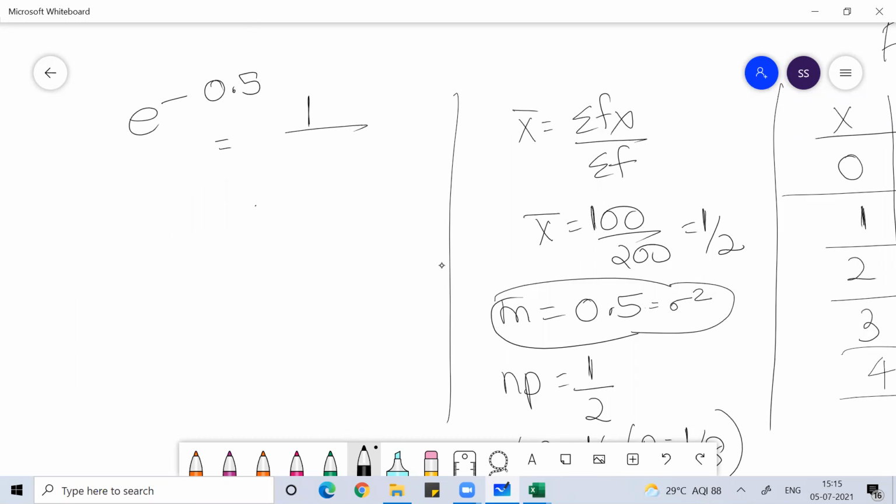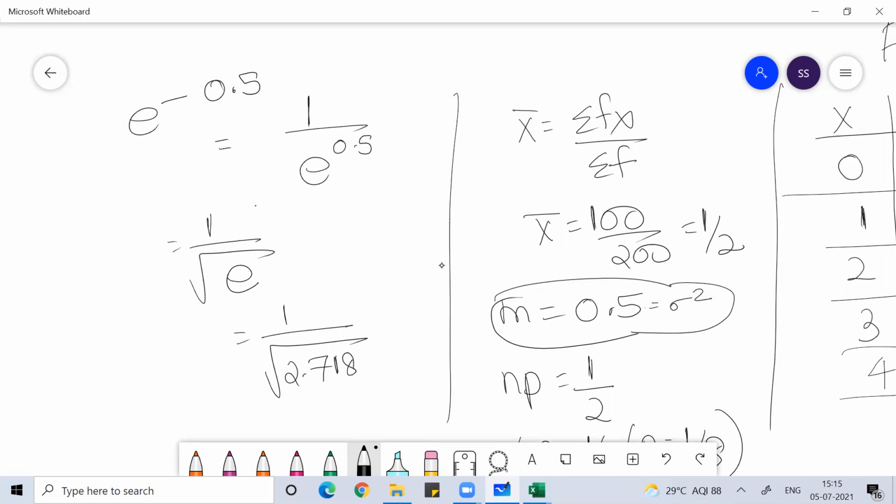This is nothing but 1 by e to the power 0.5. This is nothing but 1 by square root of e. That is nothing but 1 by square root of 2.71828. You can see that will give you approximately this value.